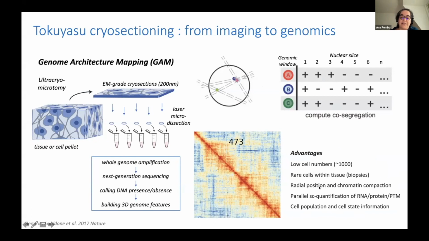And something that I won't have time to talk about in this talk is that, because all the molecules are still in the slices, we can also quantify not only the DNA that is in each slice, but also RNA molecules, proteins, and even post-translational modifications. So we can eventually not only look at the bulk contact map of the mixed cell population, but also divide groups of cells into their states and analyze the topology.